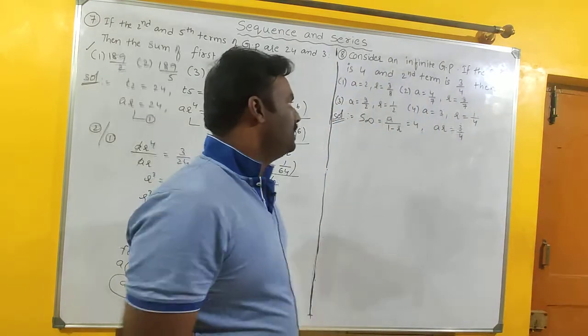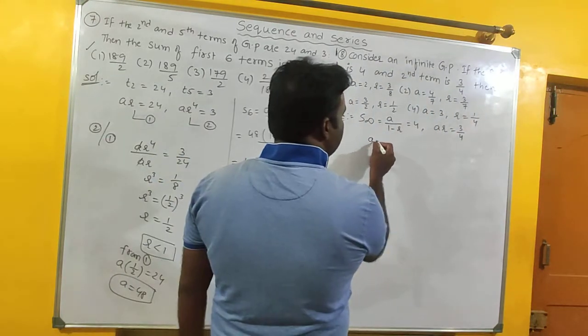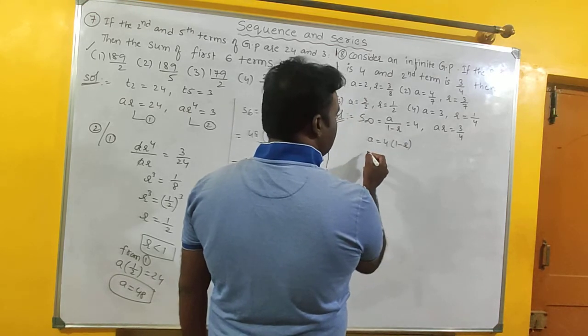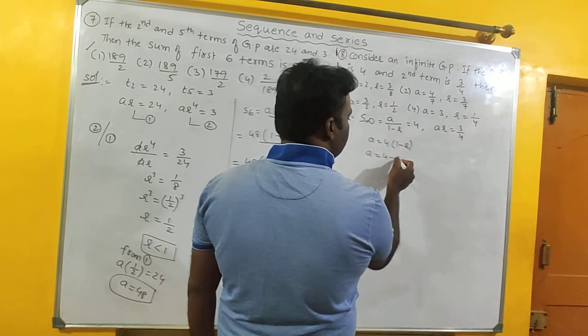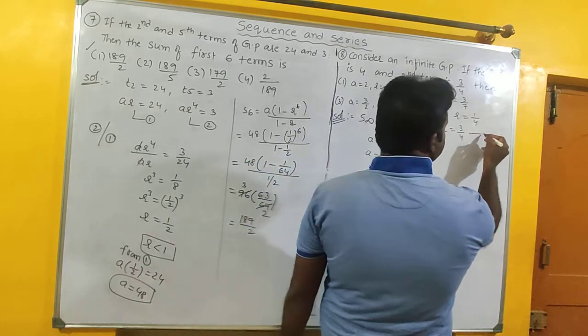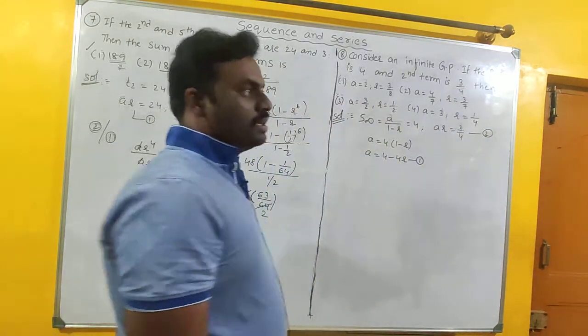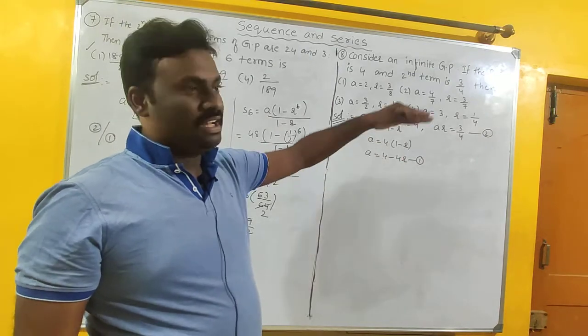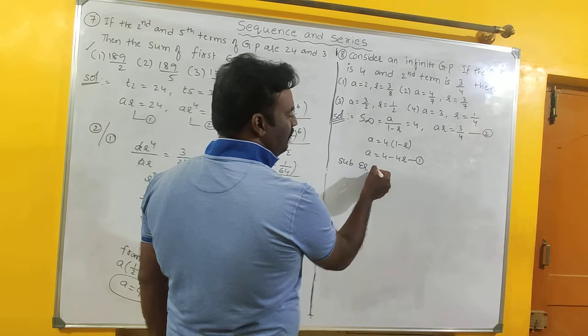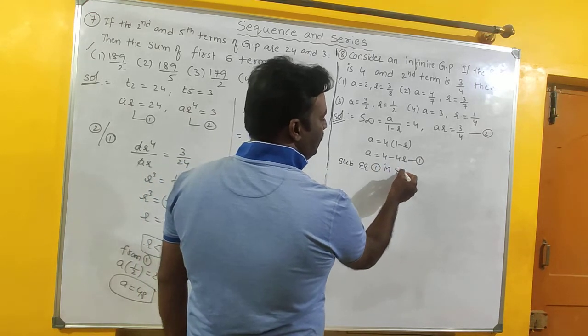Now simplify this. We can write A is equal to 4 into 1 minus r. Then A equals 4 minus 4r. This is equation 1. This is equation 2. Substitute equation 1 in equation 2.